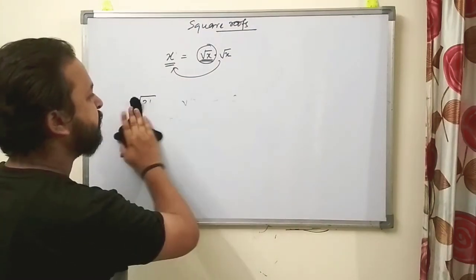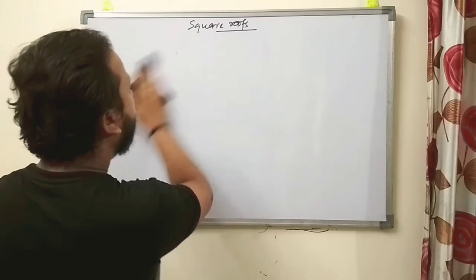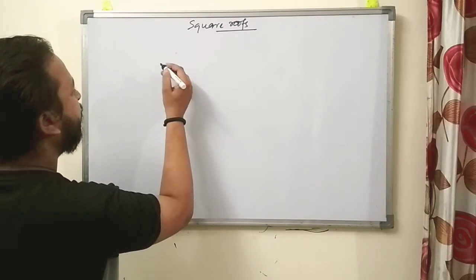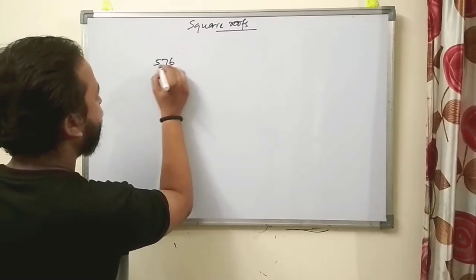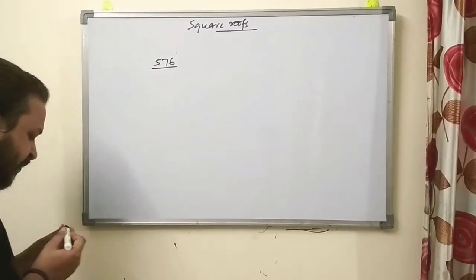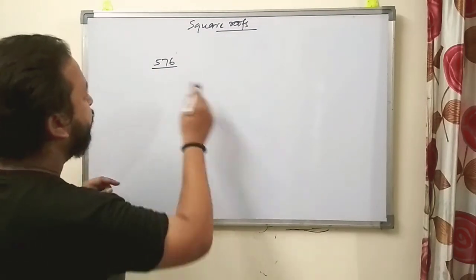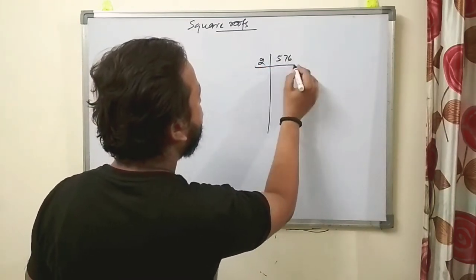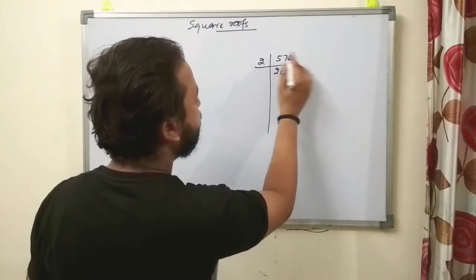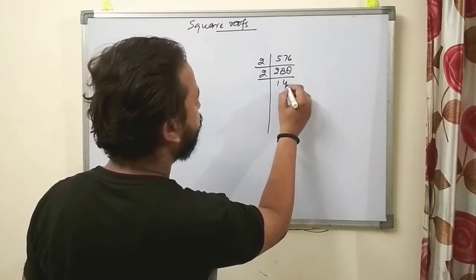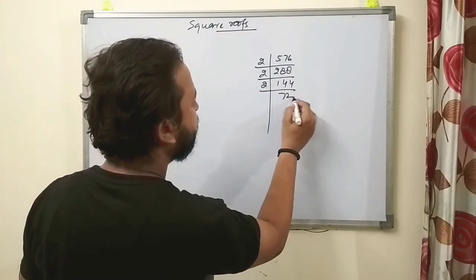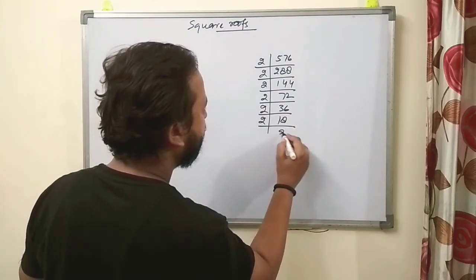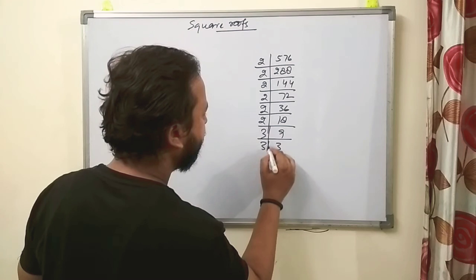So if you want to find the square root of a bigger number, suppose 576, the first thing is to factorize it by the prime factorization method. 576 divided by 2 is 288, then 144, then 72, then 36, then 18, then 9, then 3 and 3, and 1.